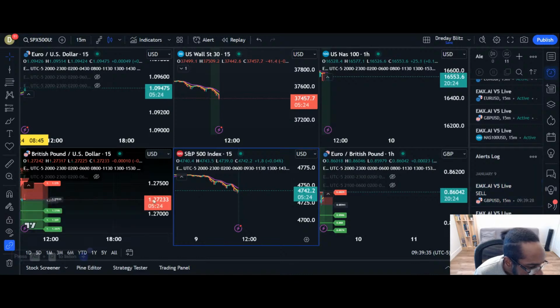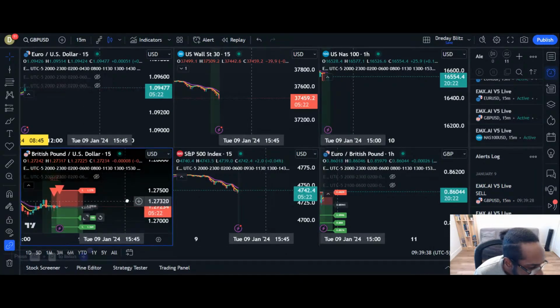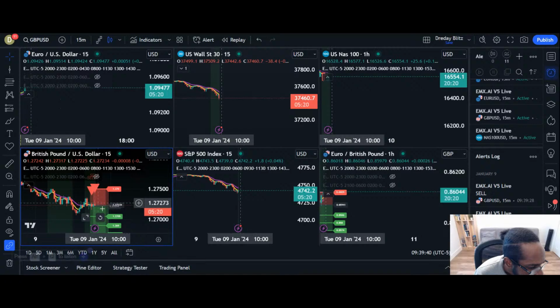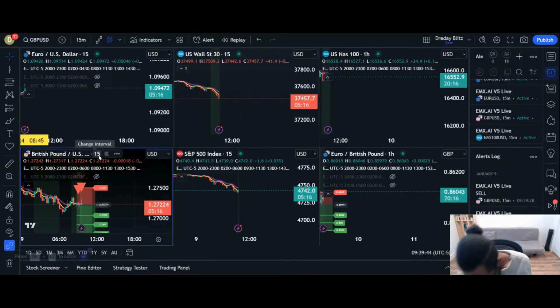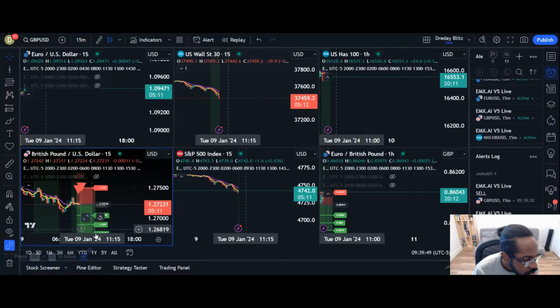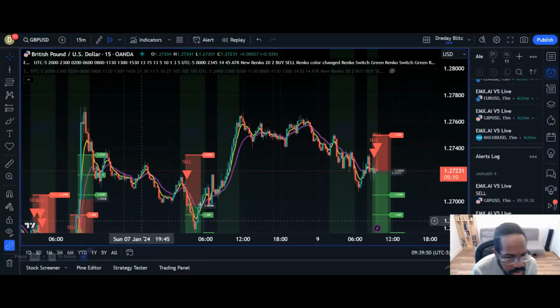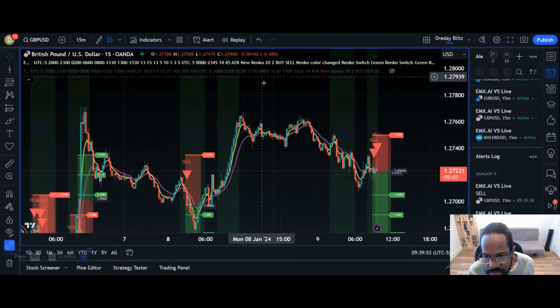All right, so GBPAUD, we have a sell setup. We have a sell signal here at this moment. So we had multiple sell setups here.